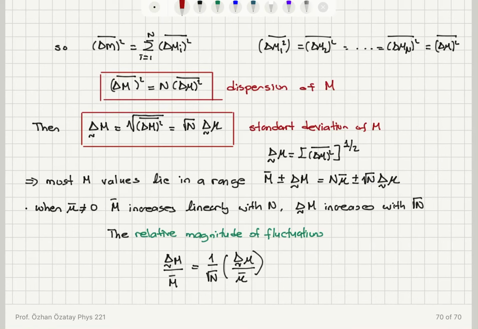So that's an important result. I see that fluctuations in the total magnetic moment around its average value will decrease with a factor 1 over square root N. So the more the particles, the less fluctuations around the average value of capital M.